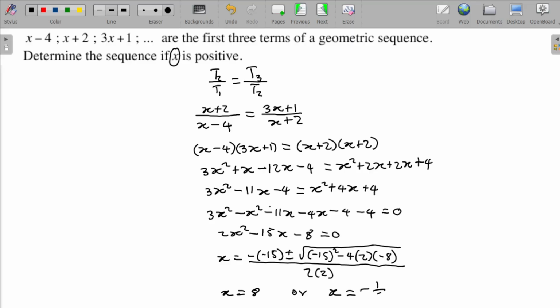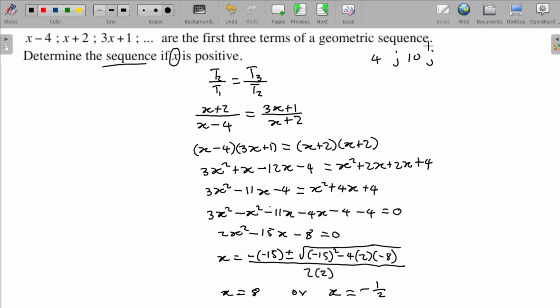And then the question asks us to determine the sequence if the x is positive. That my x is positive. Now let's determine the sequence. Basically, we're going to take this and substitute it back here. So if I have x is 8, so it's going to be 8 minus 4. I'm going to have it as 4. And then the other one, 8 plus 2, is going to be 10.